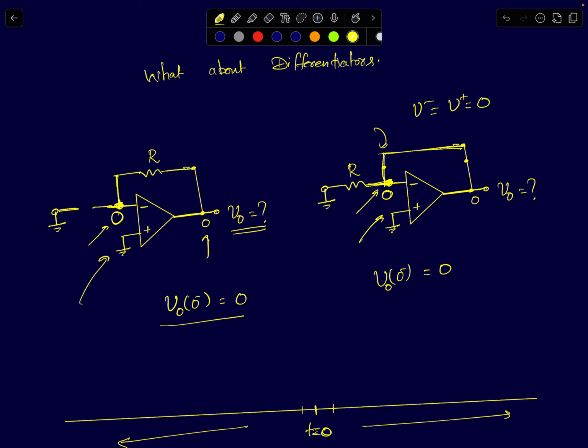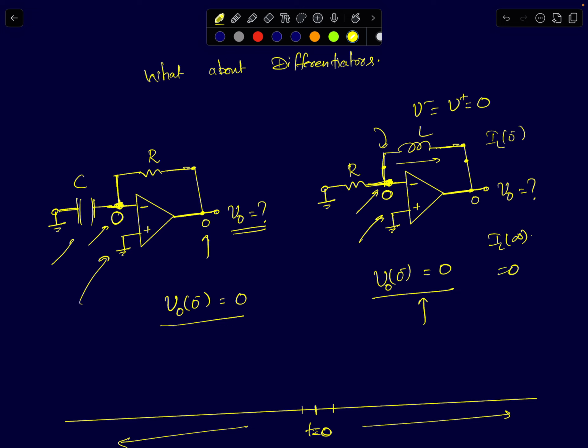So I can very clearly say what the output voltage will be. You can also show for this circuit that the capacitor voltage will be 0 in the steady state. The capacitor won't store any voltage across it, and the inductor will not carry any current in the steady state. The current flowing through the inductor, whether it is IL of 0 minus or IL of infinity, will be equal to 0.